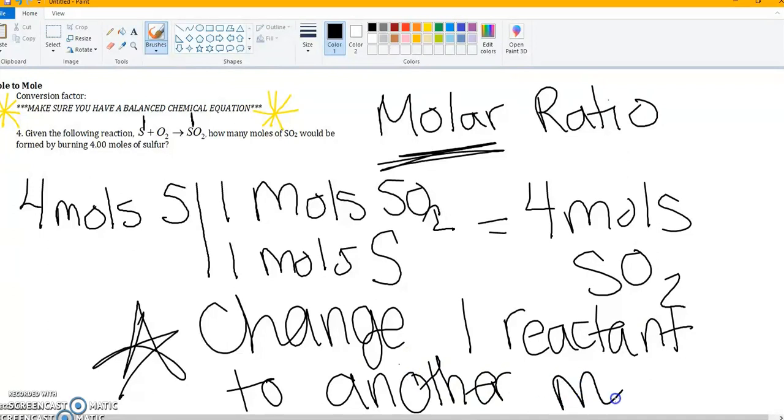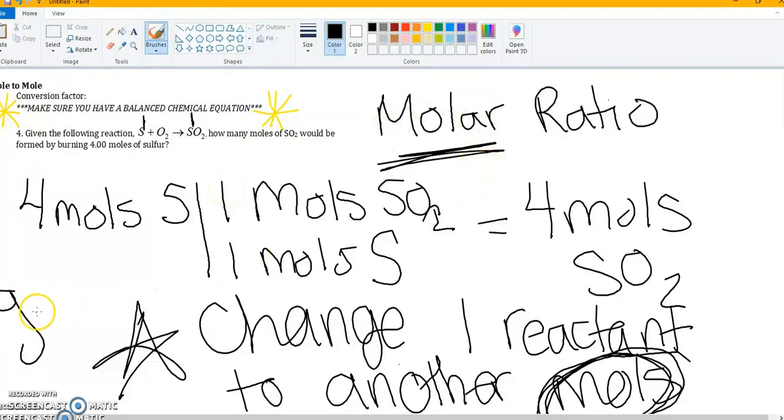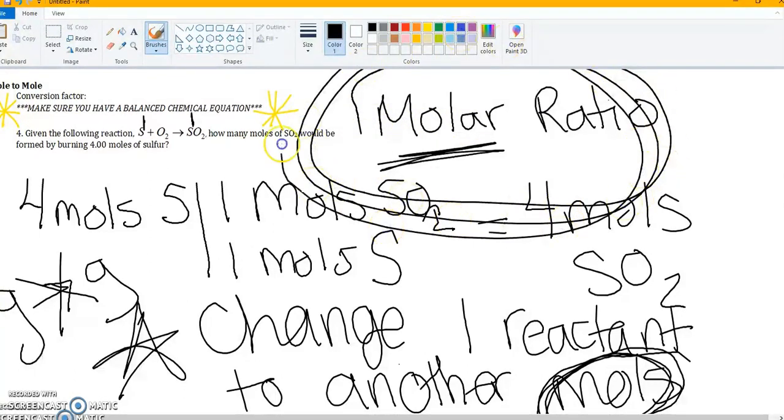Moles is the only thing that will relate the different reactants and products in my balanced chemical equation. So I can never, ever, ever go straight from one to the other. Always use the molar ratio whenever you want to transfer between one substance to another substance.